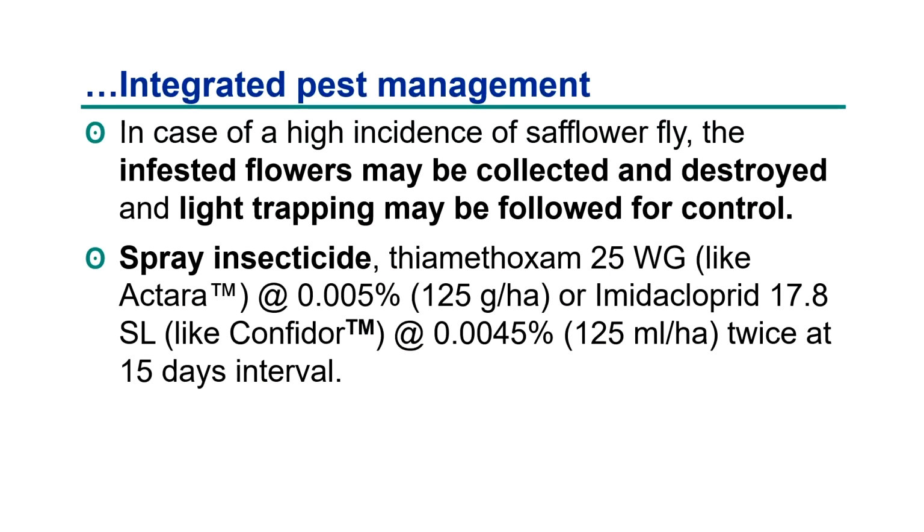In case of a high incidence of safflower fly, the infested flowers may be collected and destroyed, and light trapping may be followed for control. So what can be done?